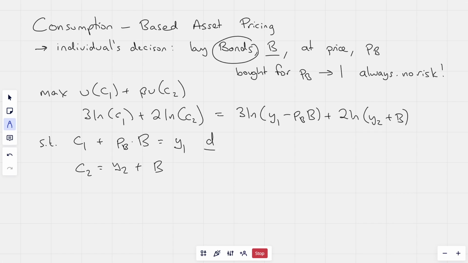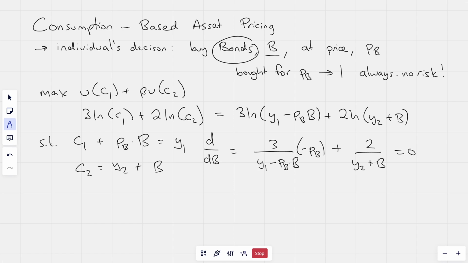Now when I take the derivative here with respect to B, what do I get? I get 3 over Y1 minus PB times B, times my chain rule term of minus PB, plus 2 over Y2 plus B. I set it equal to 0.